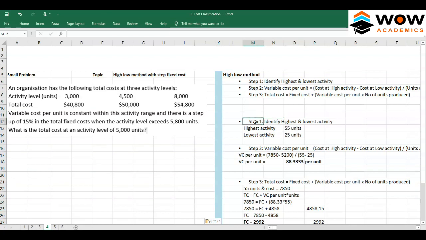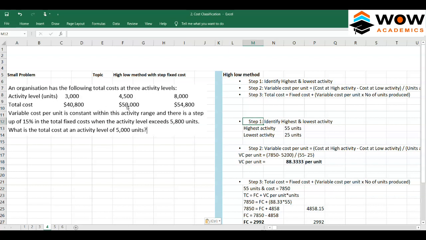The first step is identifying the highest and the lowest. Normally the highest activity is 8,000 and the lowest activity is 3,000, but here the total fixed cost goes up when activity exceeds 5800. So after 5800, any cost that comes here has an increase of fixed cost. Before 5800, there are two items of costs here.